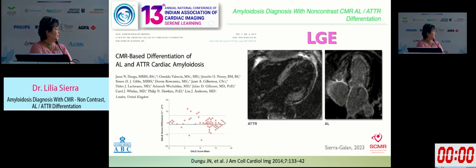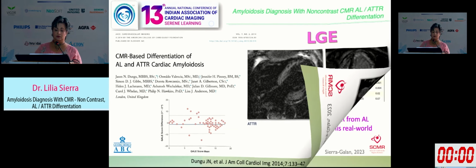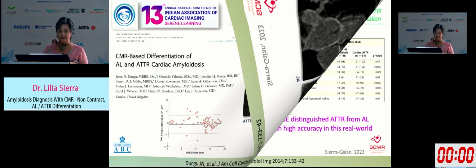In 2014, the group of Dungu said that this was the pattern of ATTR and this was the pattern of AL, and that the agreement with the quality score was very good, and they said that this could differentiate between the two types of amyloidosis. But during the next years, the evidence showed that that is not completely true.